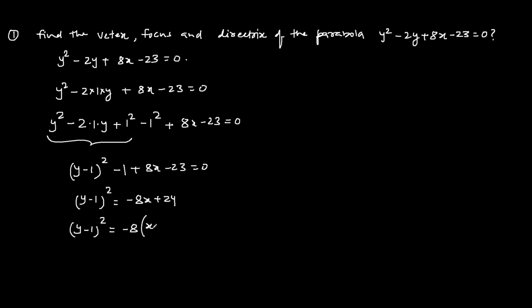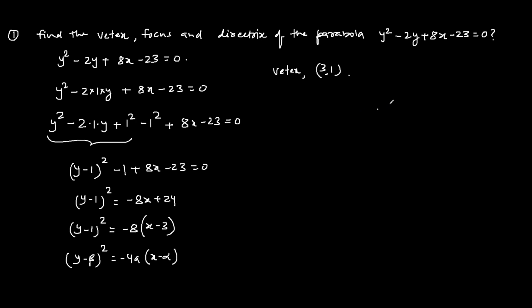So we are left with (x minus 3). Now this one is in the standard form, (y minus beta) square equal to minus 4a (x minus alpha). So the vertex is now 3 comma 1.